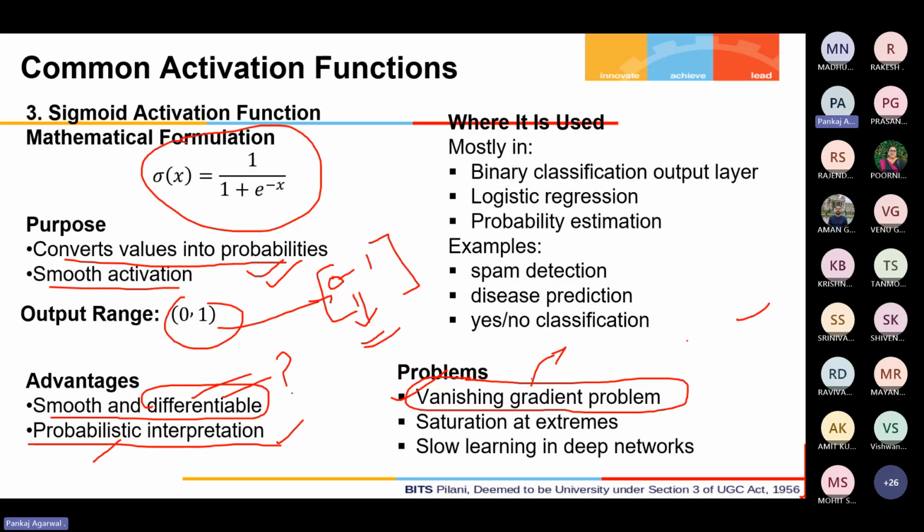So the updates become very, very small and it stops learning. That is the vanishing gradient problem. I'll come to that. Saturation at extremes is another problem, and slow learning in deep networks, right?